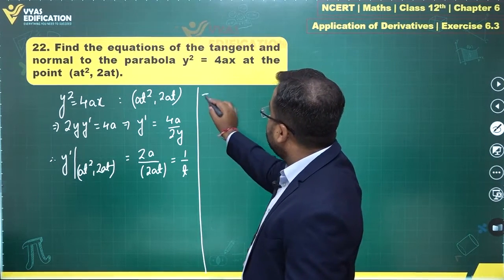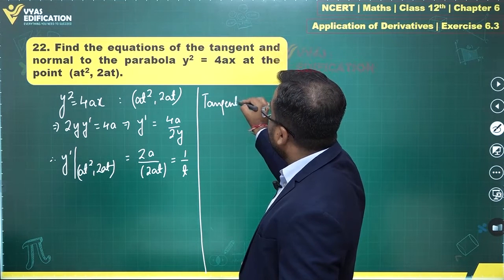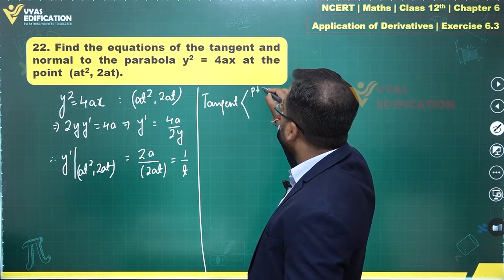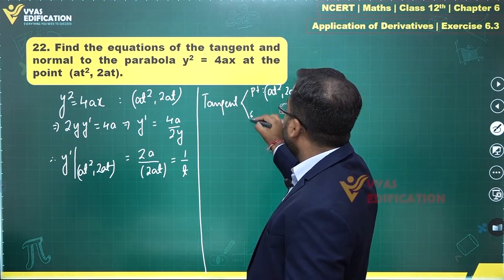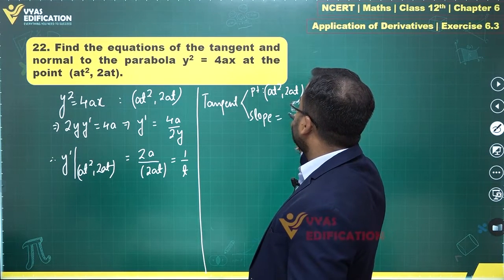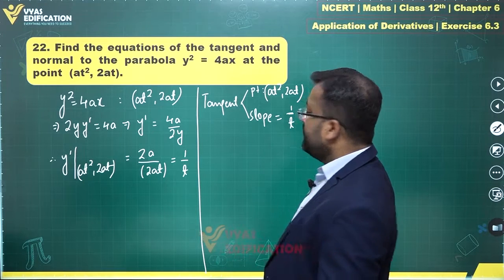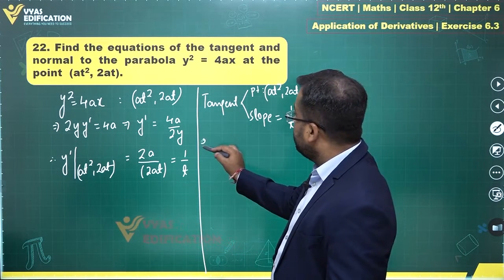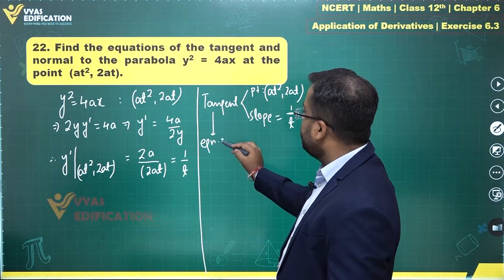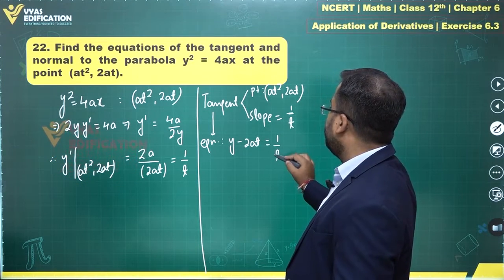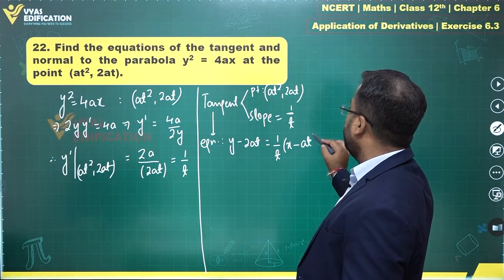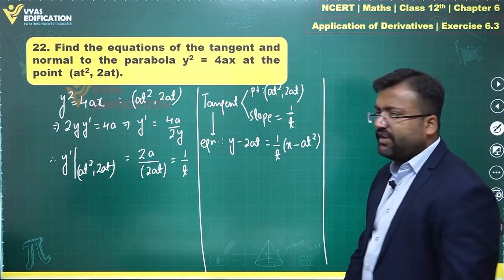So for tangent, what do we know? We know the point is (at², 2at), and we know the slope, which is 1 upon t. The equation is not difficult. For the tangent, the equation will be y − y1 = slope times (x − x1).